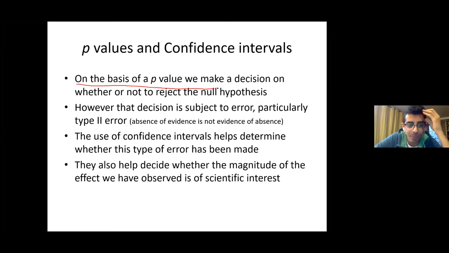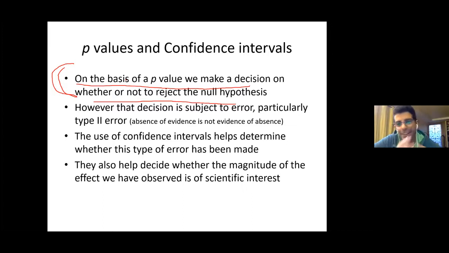On the basis of p-value, we make a decision on whether to reject the null hypothesis. I'll see your question in just a second. This is for the next lecture, so let's leave it for then. Basically, if the p-value is more than 5%, we say we accept the null hypothesis. But if the p-value is less than 5%, we reject the null hypothesis.